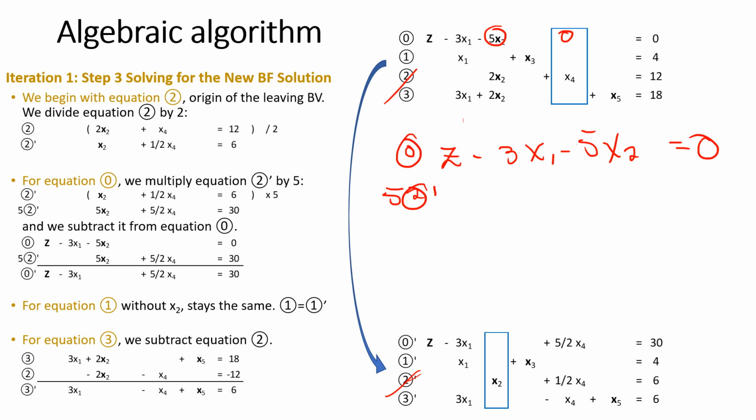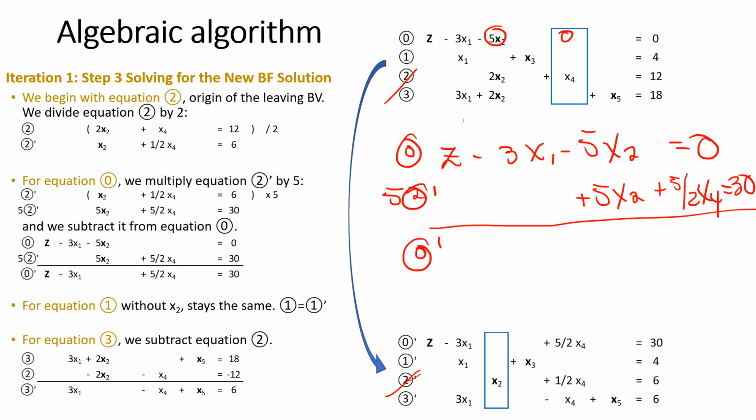We're going to have plus 5x2 plus 5/2 of x4 equals 30. So my new equation 0 apostrophe will be z minus 3x1 plus 5/2 of x4 equals 30.